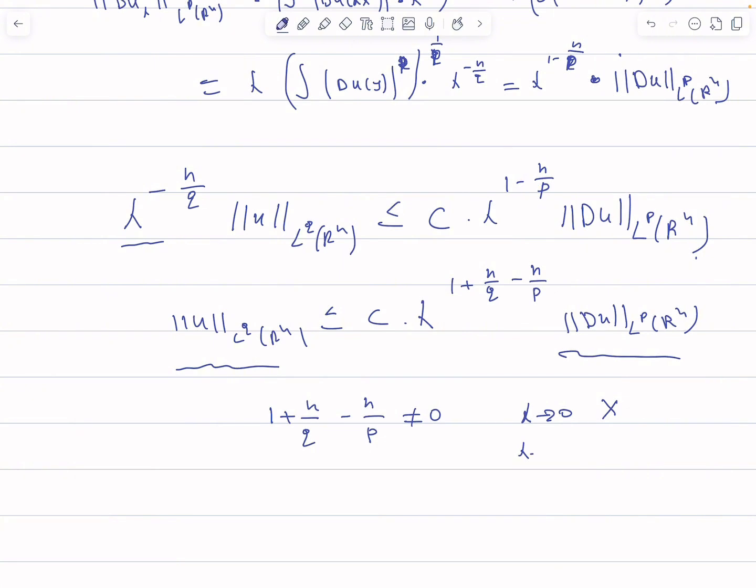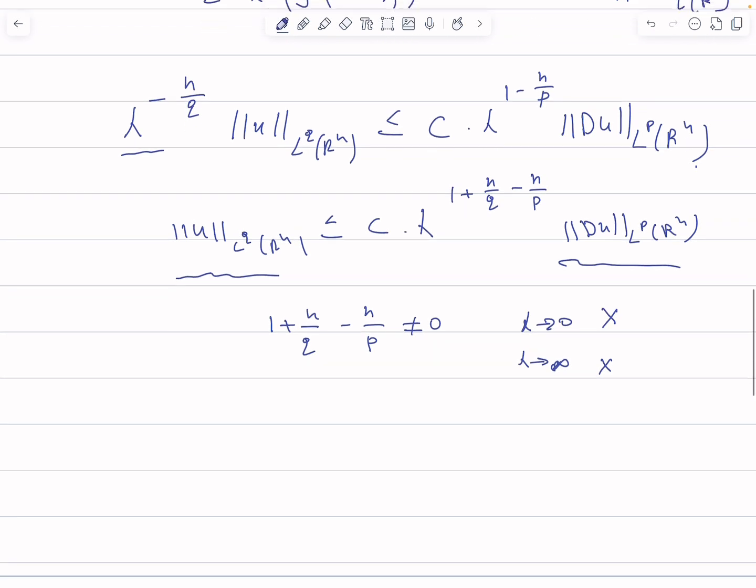Or we can take lambda bigger, and the norm of u would be less than infinity, so still it will be incorrect.